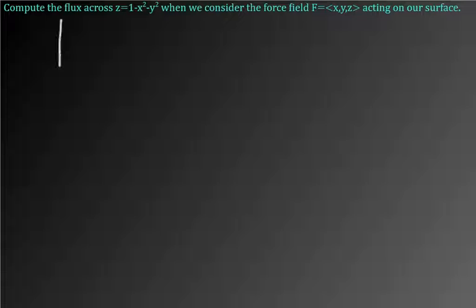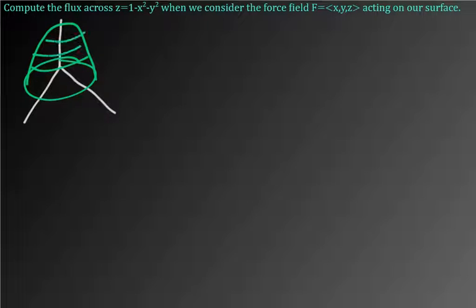Basically, the flux is just a fancy word for this: you have this upside down paraboloid here, and we're thinking of this field, I'm just going to say it looks like this, passing across this surface, and we're just looking at the interaction between the normal vector at a given point and the vector of the field at that point.